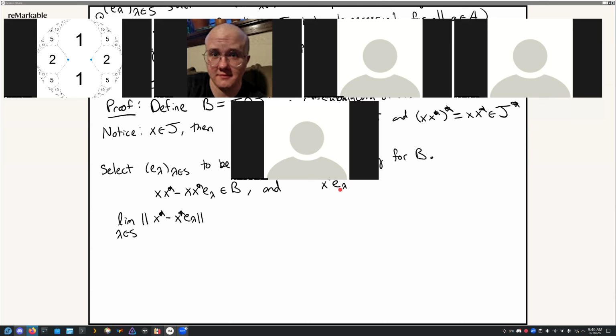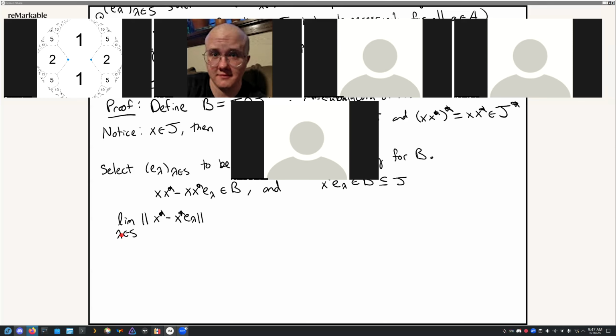Since E lambda belongs to J star and J star is closed under multiplication, x star E lambda belongs to J star. But J is an ideal and E lambda belongs to J, since E lambda belongs to B. So x star E lambda belongs to J as well. So actually, x star E lambda belongs to B, so in particular, it belongs to J.